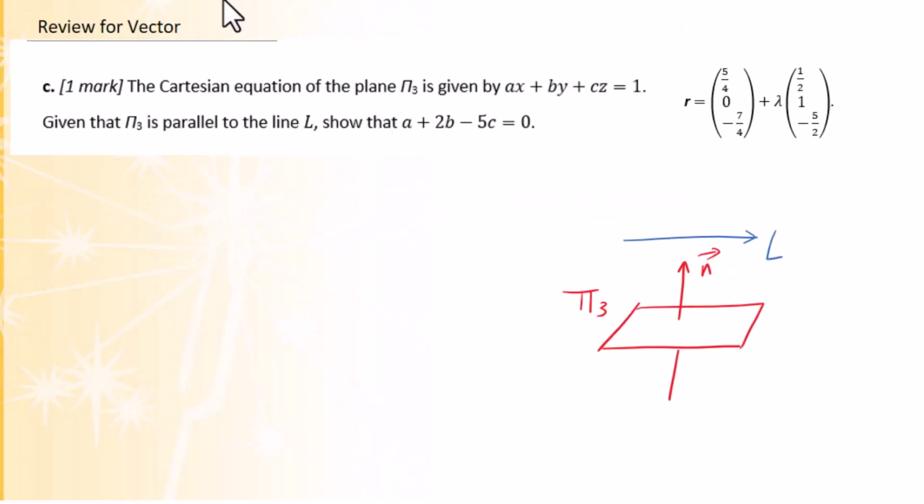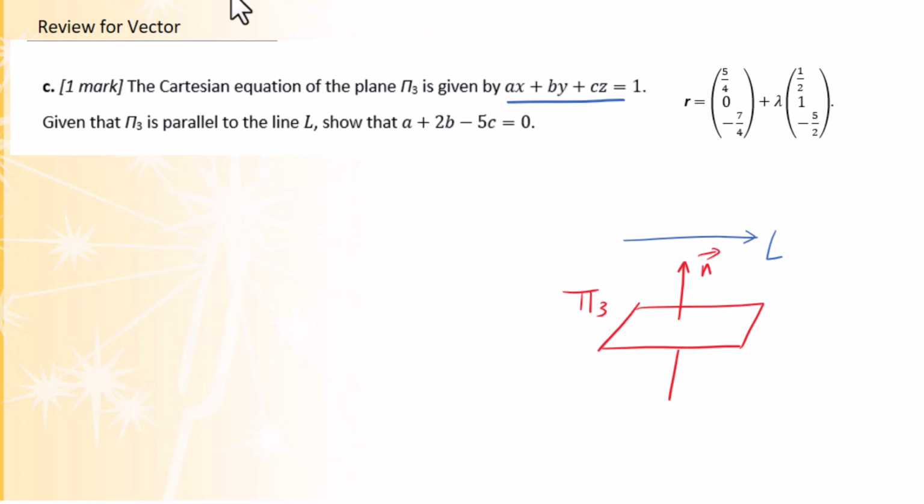Let's go to C. The Cartesian equation of the plane π3 is given by ax plus by plus cz equals 1. Given that π3 is parallel to the line L, show that a plus 2b minus 5c equals 0. Let's draw this diagram.